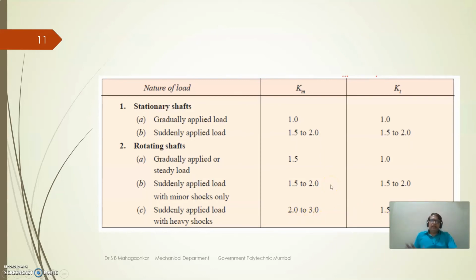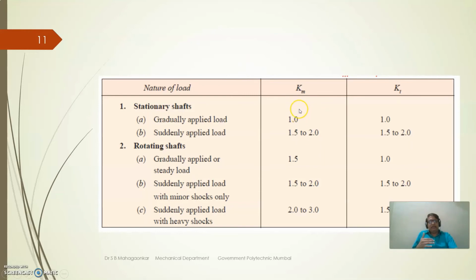So as per the data we have to do it. In the problem, if the data are there, then you use them. Otherwise, if you are doing a case study and designing something, accordingly we have to assume these data. Are you getting it? It depends upon the data in the examination or wherever. If the data are available, you can take that available data and do it, so there is no need of assuming anything.